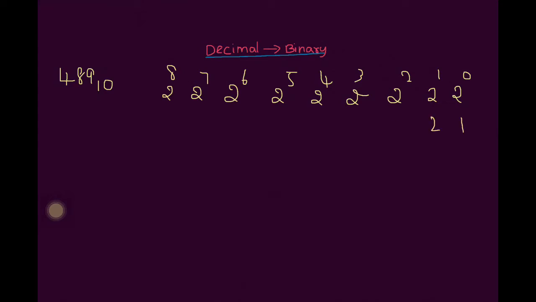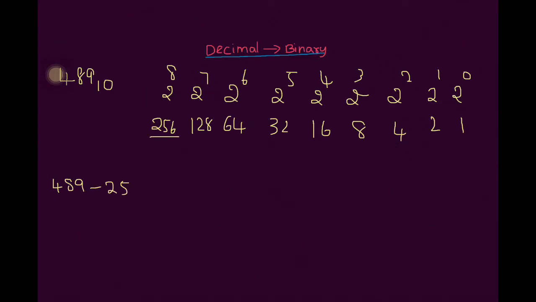That gives 1, 2, 4, 8, 16, 32, 64, 128, 256. The highest number under 489 is 256. Then we subtract 256 from 489 and get 233.